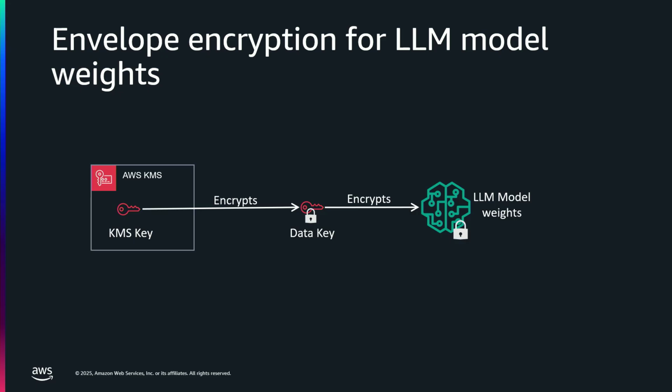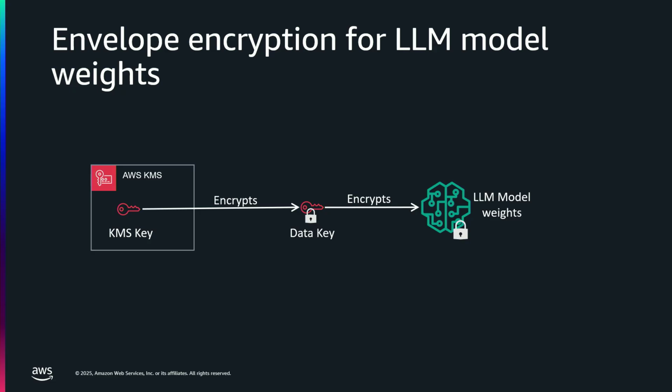So the sensitive information being sent as input to the LLM model stays where it is. It's not going beyond the boundary of the AWS account where it belongs. So envelope encryption is one way to package up your LLM model weights to be made available for consumption. But the next step is the most important step.